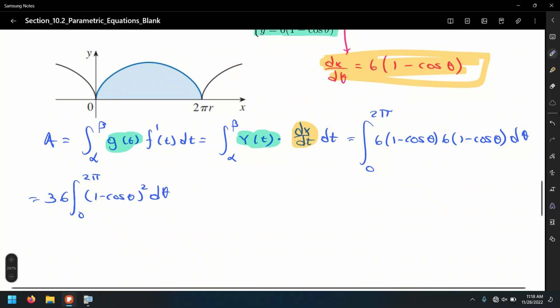Okay, let's see what we can do from here. Question for anyone: can we do a u substitution here? Why not? What do we get for the du if we u sub with 1 minus cosine?